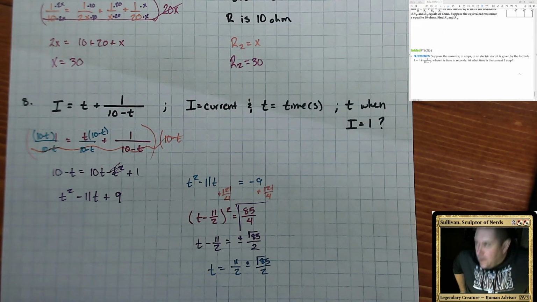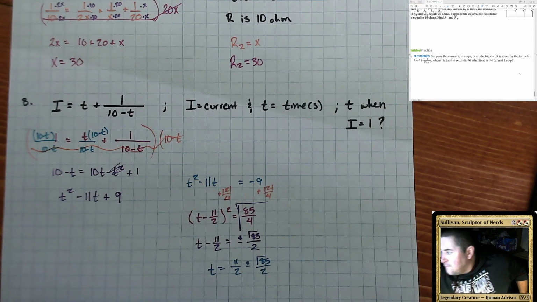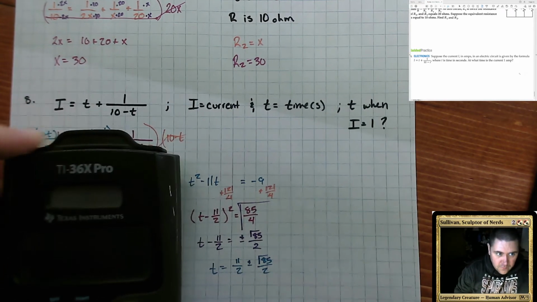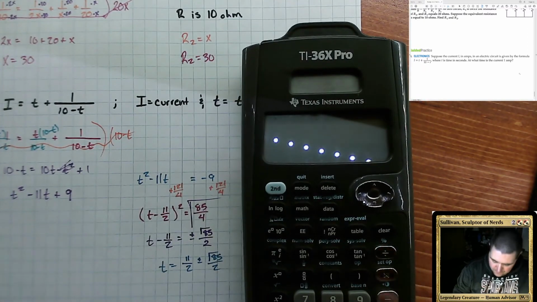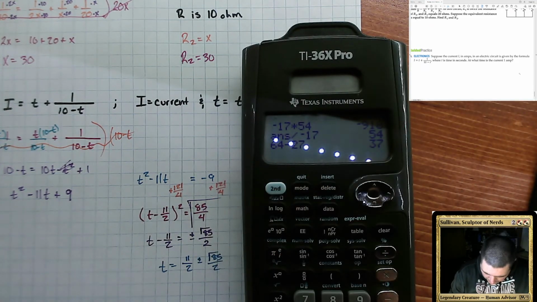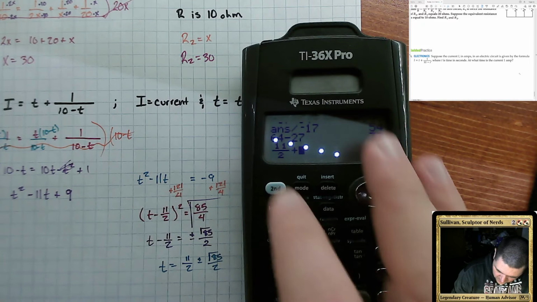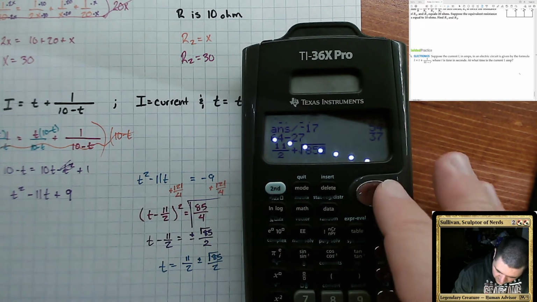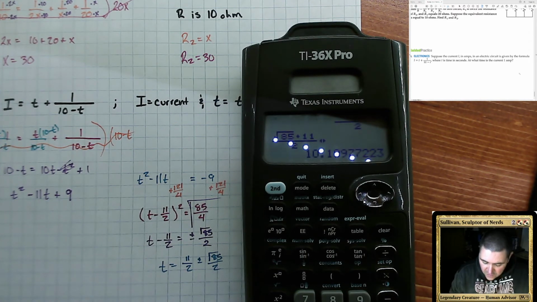Now I want to double check that, because where's my other calculator here? Okay, come on, there we go. All right. You can see the reflection of my LEDs under there. I'm going to take 11 halves plus root 85 over 2. Okay. First of all, these calculators are great because they'll simplify radicals for you. But I want to double check that this actually works.